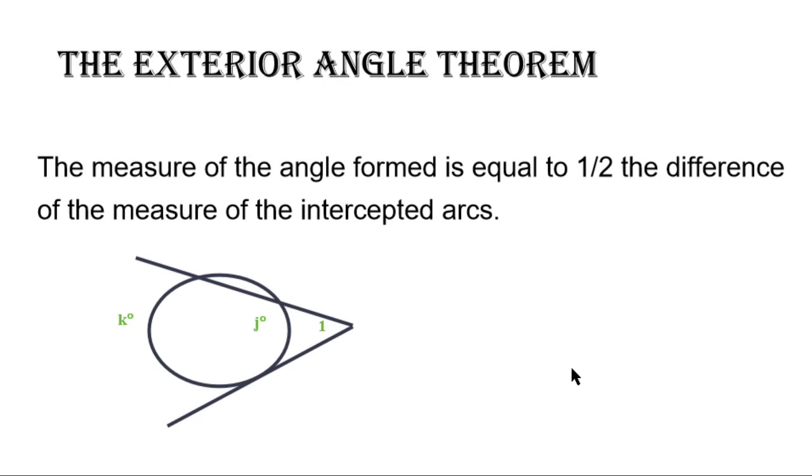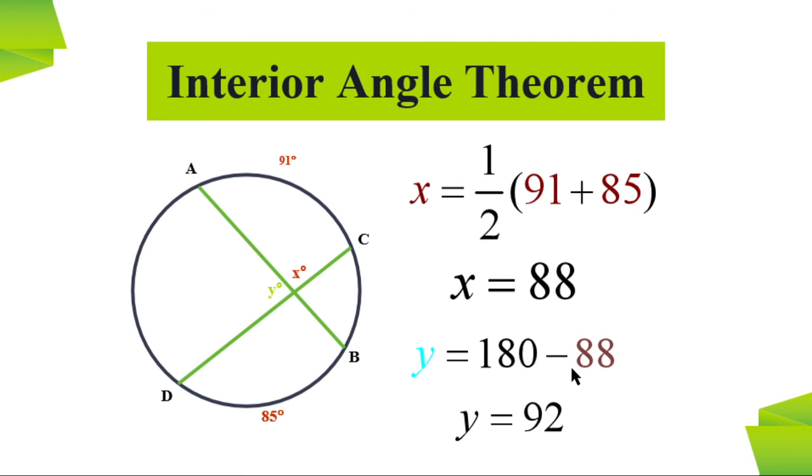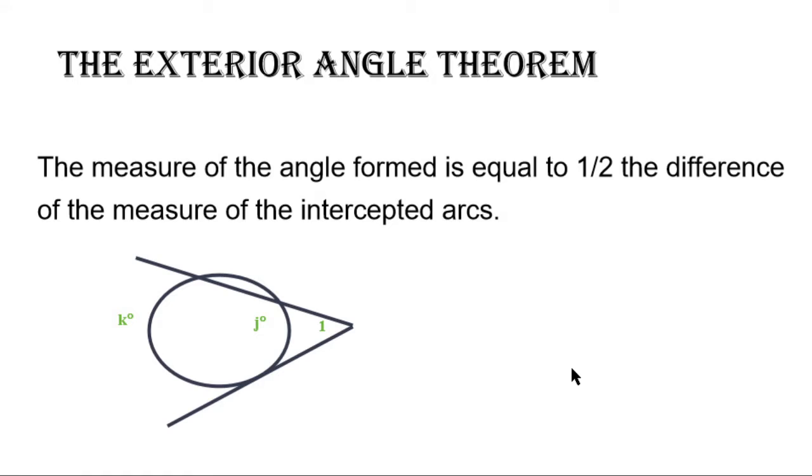Okay, so that's for the interior angle theorem. Next, we have the exterior angle theorem. For the exterior angle theorem, the measure of the angle formed is equal to 1/2 the difference of the measures of the intercepted arcs. So for the exterior angle, we are going to get the half of the difference of the measures of the intercepted arcs.